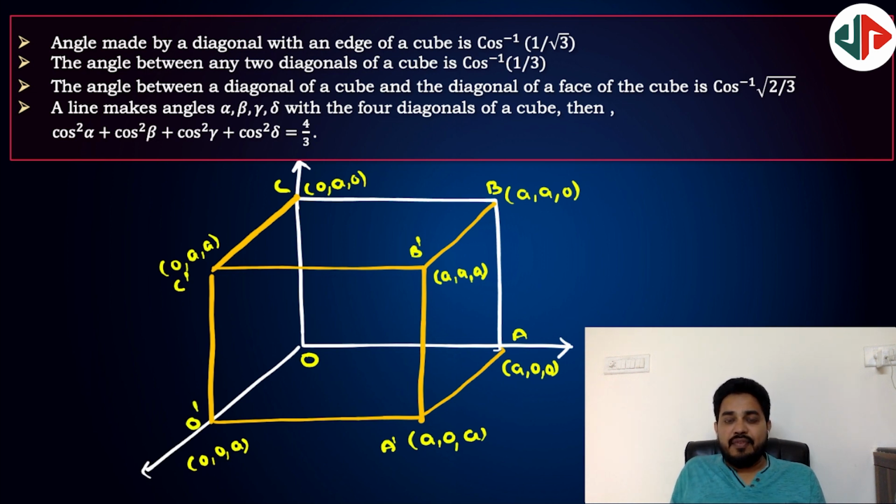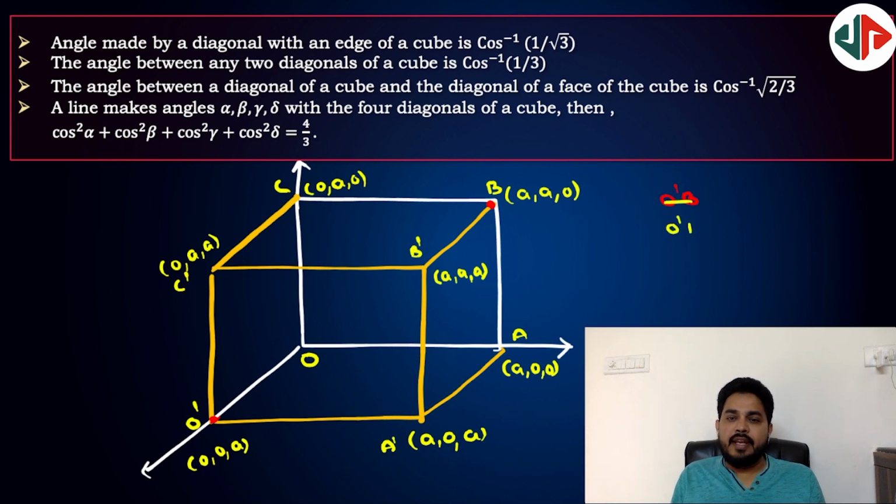Now, for this one, there are six faces, and what are the diagonals in this one? This to this is one diagonal. O prime B is a diagonal, I think it is not visible.